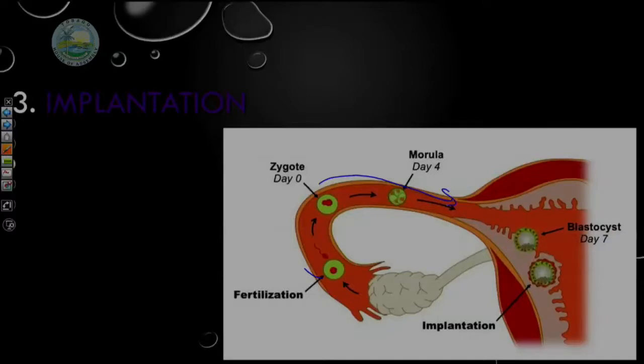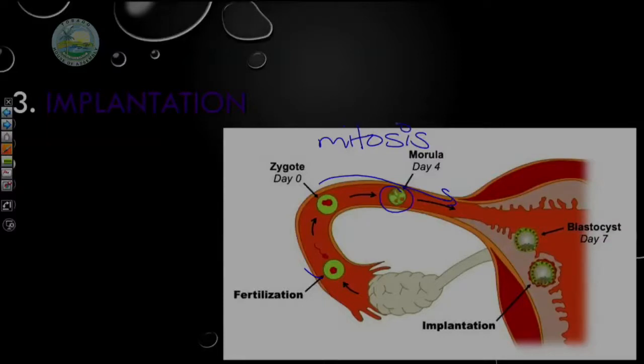But while that is happening, remember, the zygote has one nucleus. That nucleus is going to start to divide. So in this diagram here, you are going to see a mass of cells. One cell will divide by mitosis, and you should know that mitosis maintains the number of chromosomes.